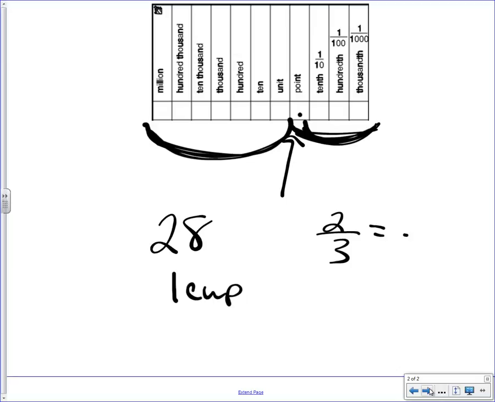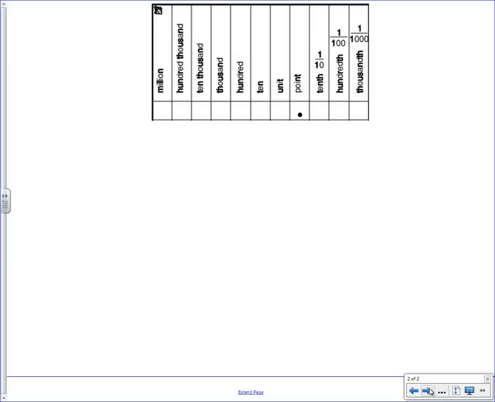So we're going to go through a couple of examples, and I'm going to use this same chart that we have here to fill them in. So if I have the decimal 0.1, well, what I see is 1, so I'm going to say 1, and then after I read or say what number I see, then I'm going to read the place value.